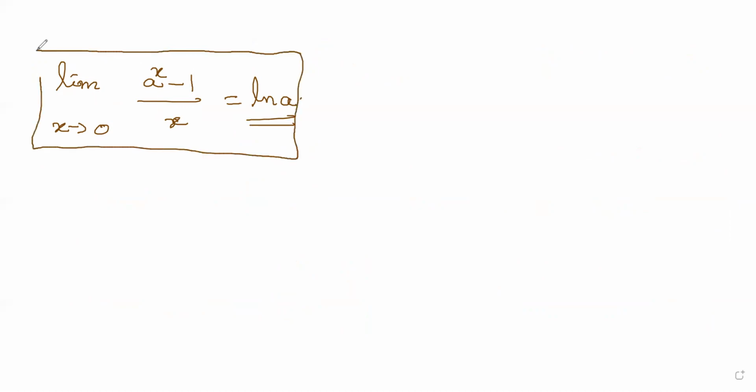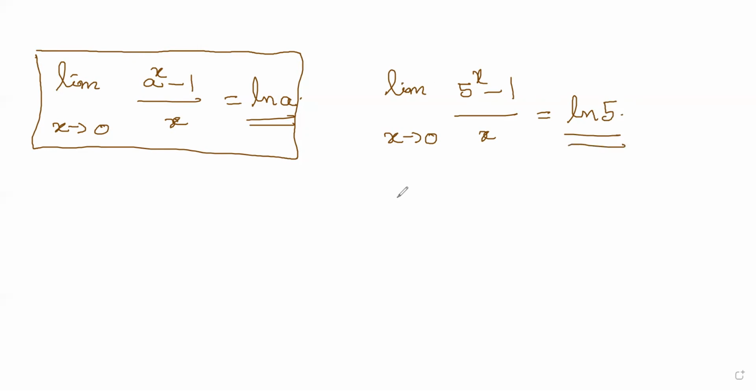For example, suppose I give you limit x tends to 0, 5 power x minus 1 divided by x. Then the answer is logarithm of 5, that means ln 5, which means log 5 to the base e. So that's what it means. This is the basic idea about solving limits when you have the powers of a number in terms of x.